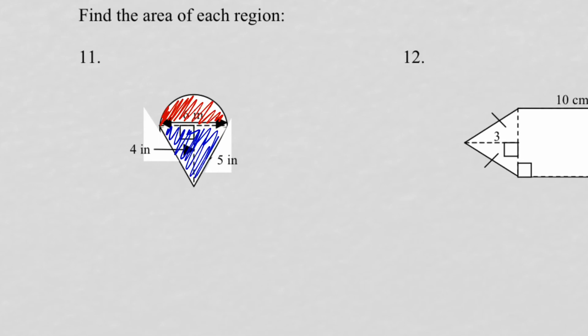Okay, here this is 6, so the radius is half of that, which is 3 inches. So what we're going to do is find the area of half of a circle, or a semicircle.